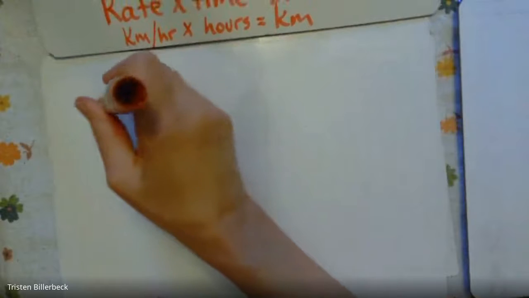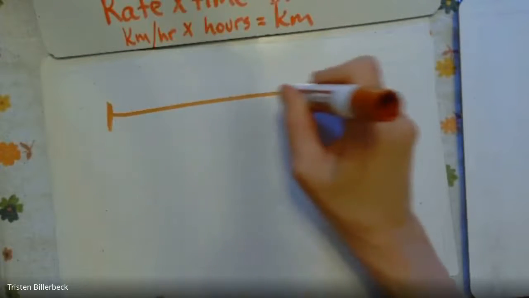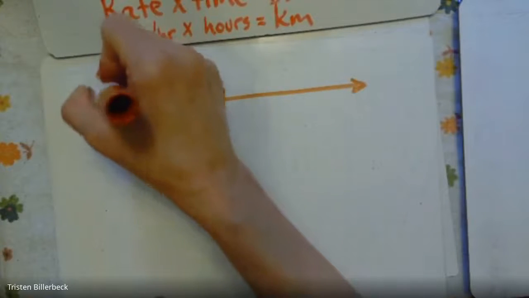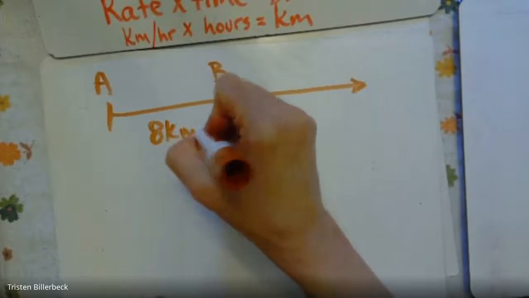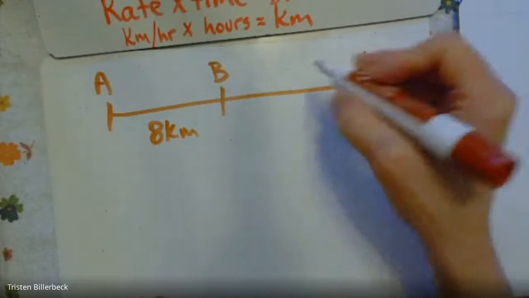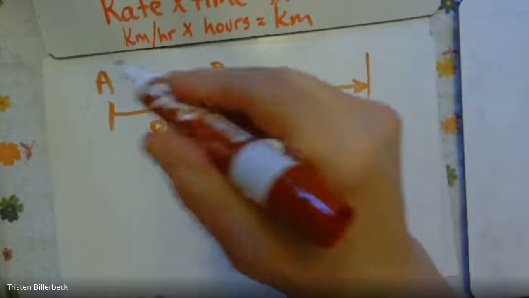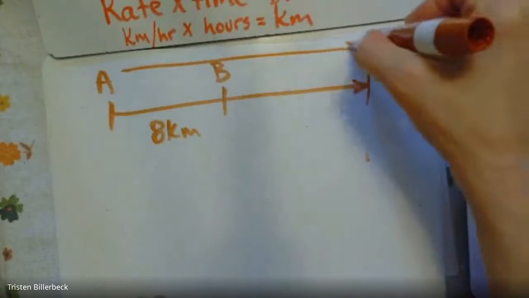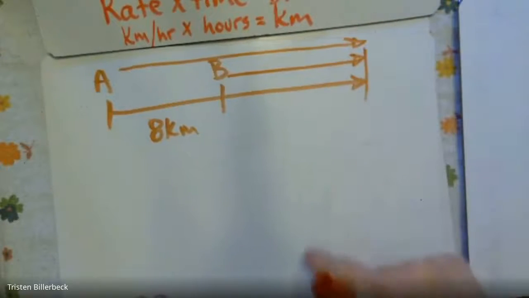Okay, so the second equation, we have the two cars, A, and we have car B. So we have A and we have car B, and they're still 8 kilometers apart, but they overtake each other here. So that means that car A is zooming here and car B is zooming there.